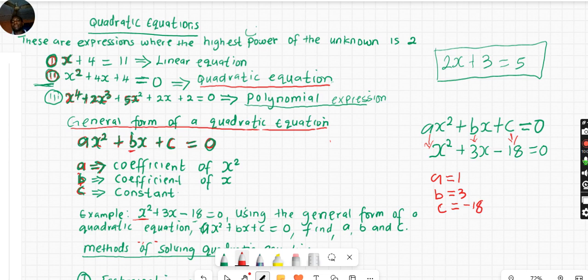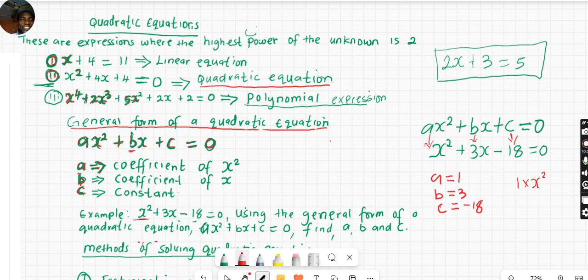Can you see that? Now, do you know why the coefficient of x squared is 1? There's an invisible 1 attached to every alphabet that is just standing on its own. For instance, if you just have x squared, it means 1 times x squared, 1x squared.